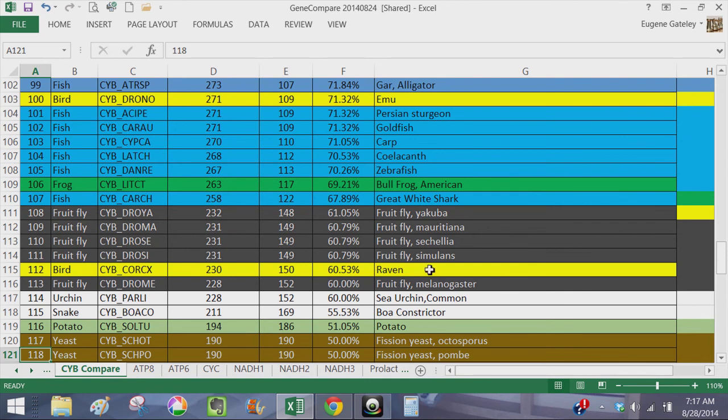A raven is in the same category as fruit flies, where the melanogaster fruit fly is less similar to human than a raven, but these others are more similar to human by 1 or 2 amino acids than a raven is, which is very peculiar.